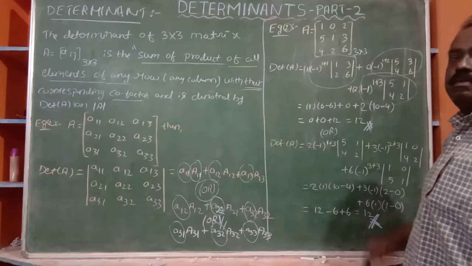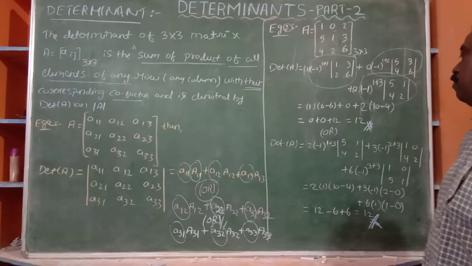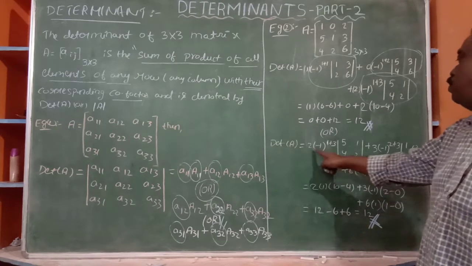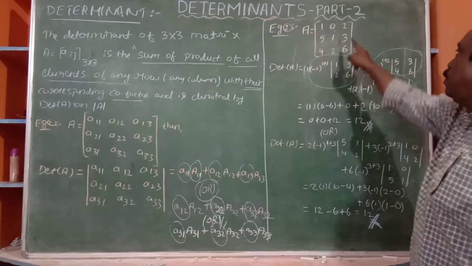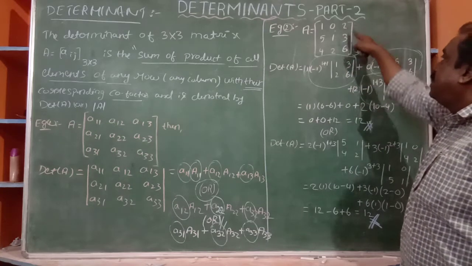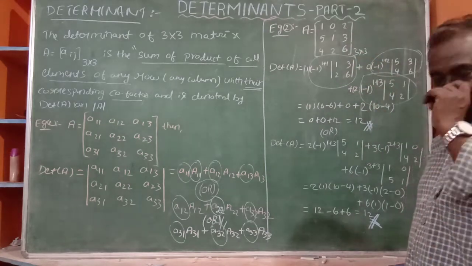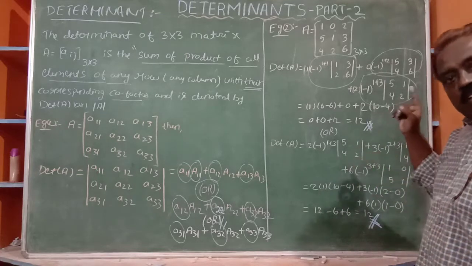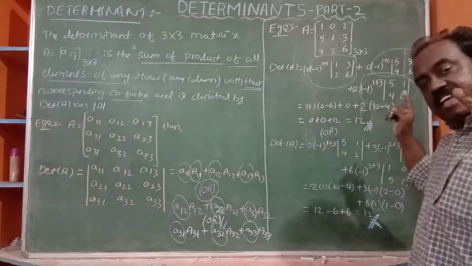I am taking here the first row. Now, I want to take the determinant along the third column, where the entries are 2, 3, 6. In the third column also, the determinant will not be changed, it is as it is.